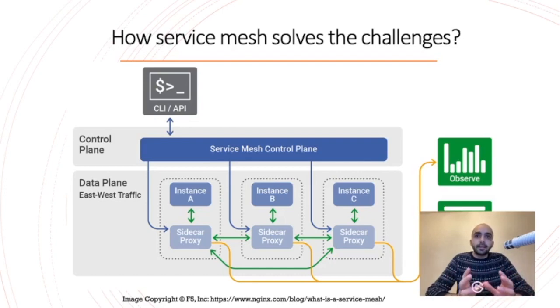And here we have instance A, instance B, instance C. And on each machine, we have something like a small application, and they call it a Sidecar Proxy. For example, if we are talking about Istio, the Sidecar Proxy is actually Envoy. It's another application. And these Sidecar Proxies talk together. So what happens here is that instance A talks to its Sidecar Proxy, and then the Sidecar Proxies talk together.